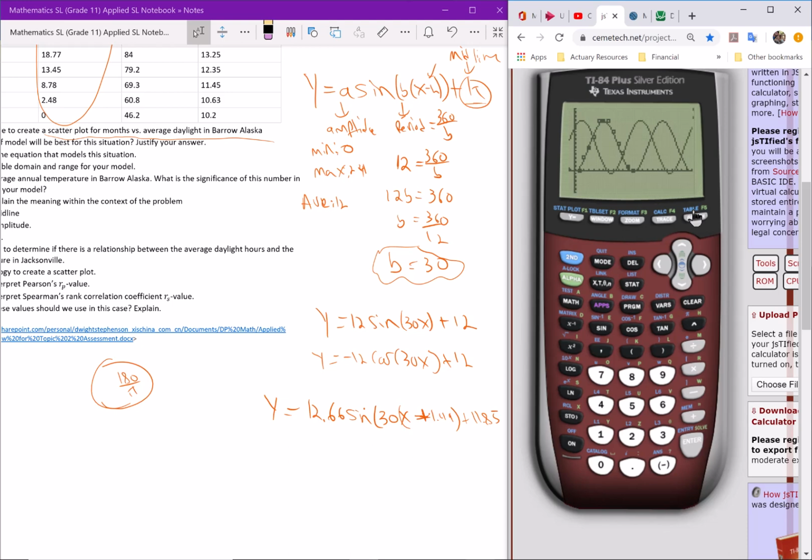So what did we do wrong? Let's see. Stat calc sine reg. Did I write one of these down wrong?